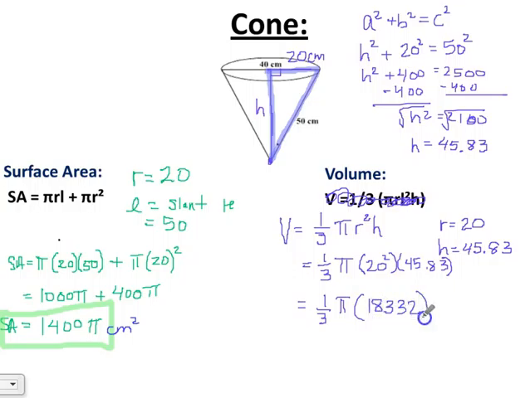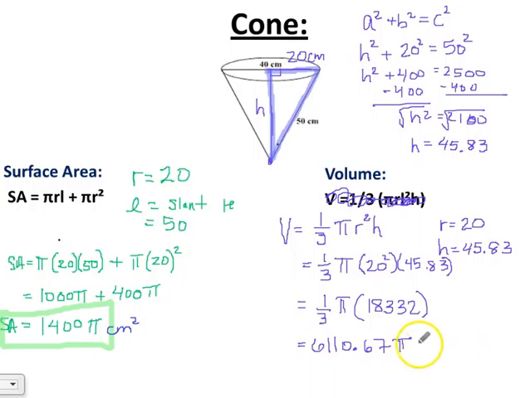when I multiply 20 squared times 45.83, I get 18,332. So I'm going to take that and divide that by 3. So 18,332 divided by 3. And I'm going to leave pi in my answer because I'm answering in terms of pi. I got 6,110.67 pi.